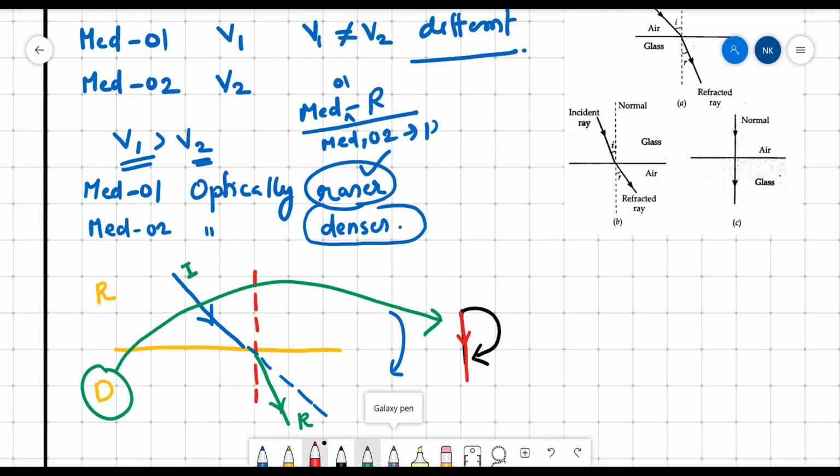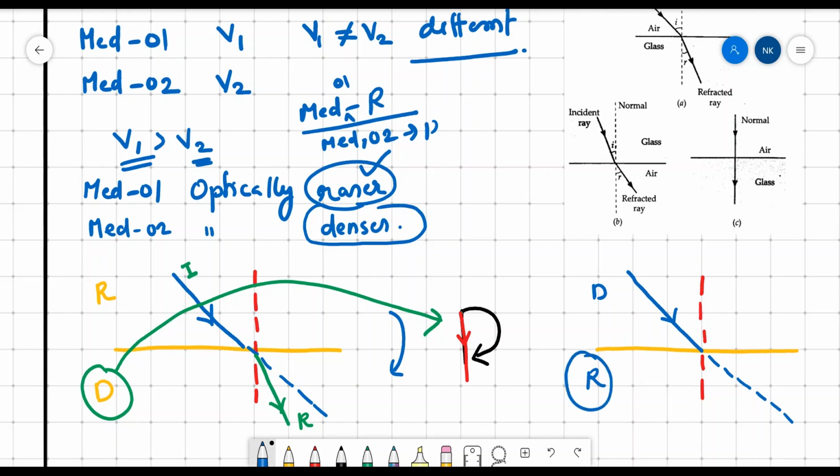Alright, and if it is traveling from denser to rarer one, like this. This was the incident ray, and it should have traveled like this if it was a homogeneous medium. Now you know that it's traveling from denser to rarer, so towards rarer medium it is moving.